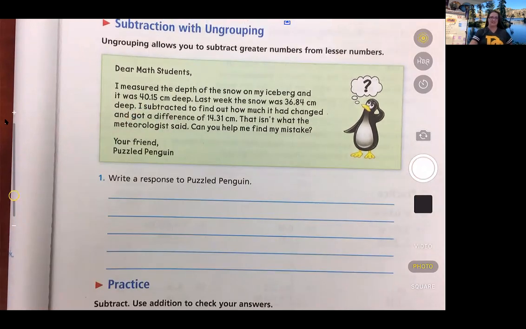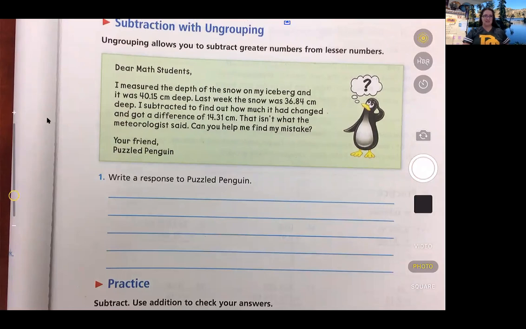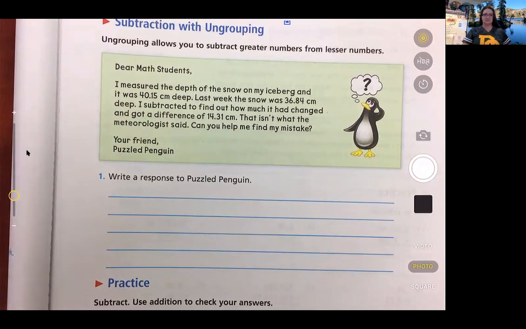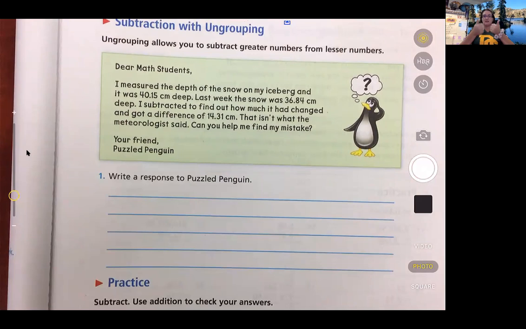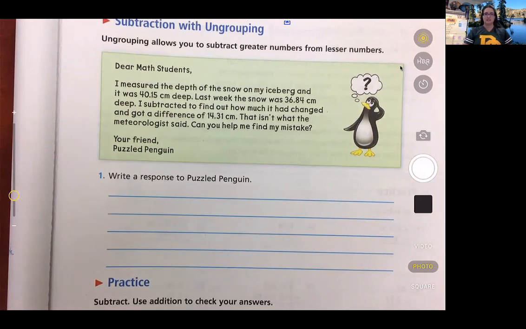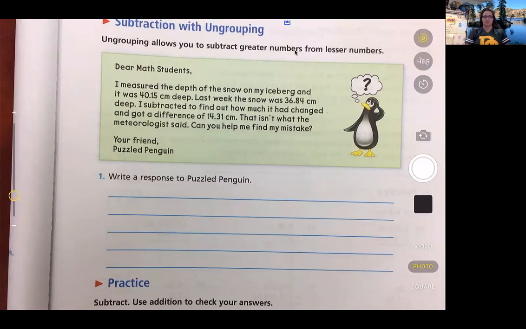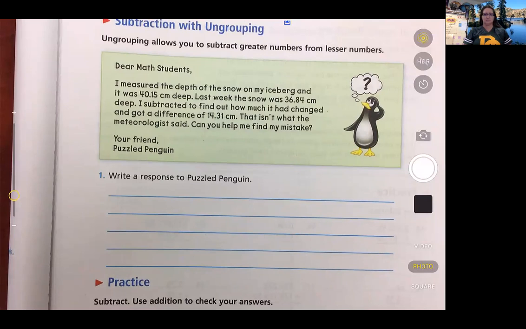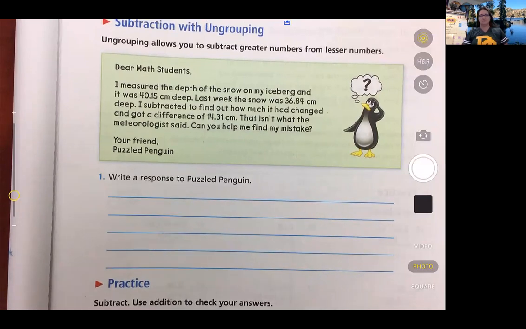Centimeters deep. Last week, the snow was 36 and 84 hundredths centimeters deep. I subtracted to find how much it had changed, and I got a difference of 14 and 31 hundredths centimeters.